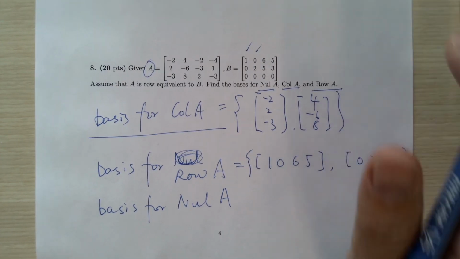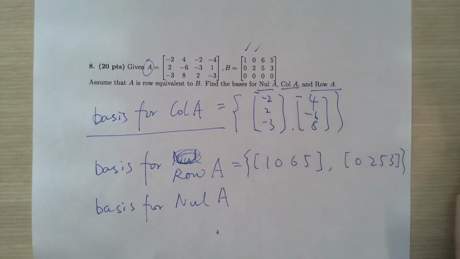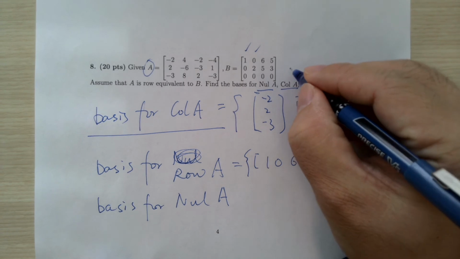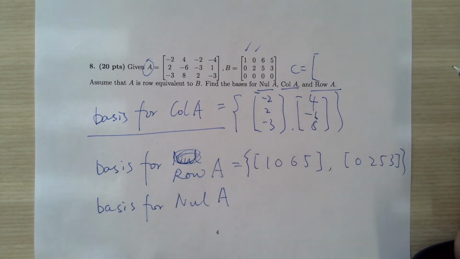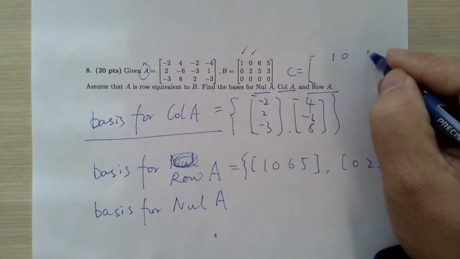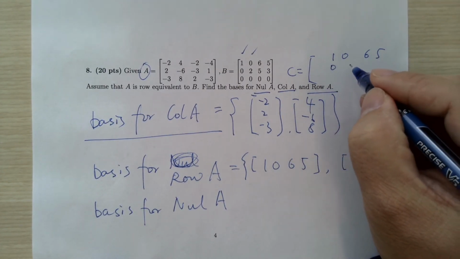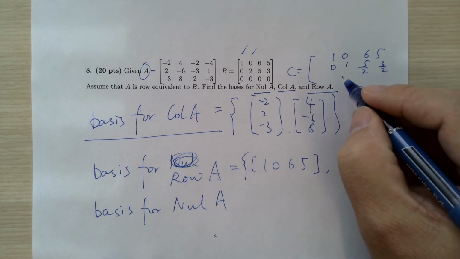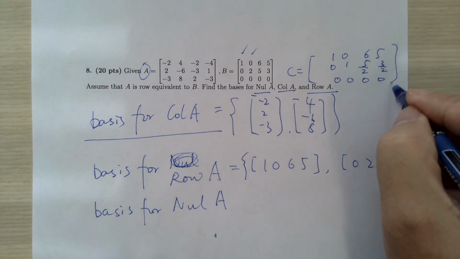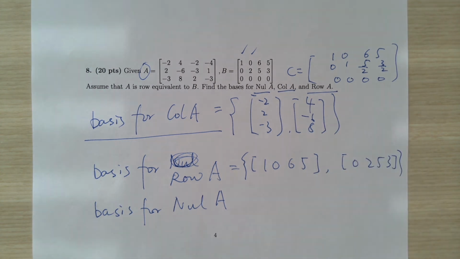You need to make it into a reduced echelon form, which is super simple. Let's call the reduced echelon form matrix C. So it's 1, 0, 6, 5, then 0, 1, 5 over 2, 3 over 2, and 0, 0, 0, 0. Basically, we just multiply row 2 by a half, and that makes this reduced echelon form.